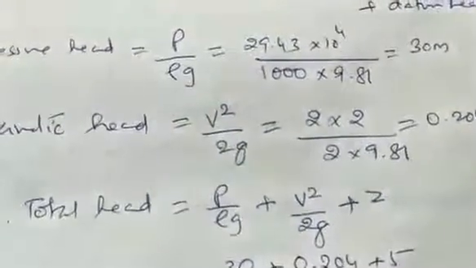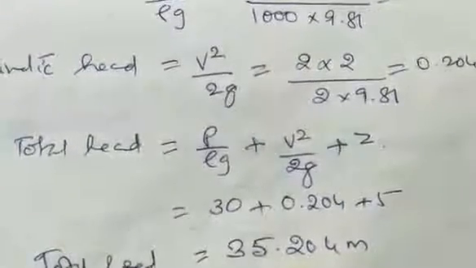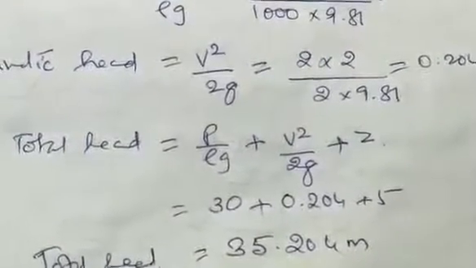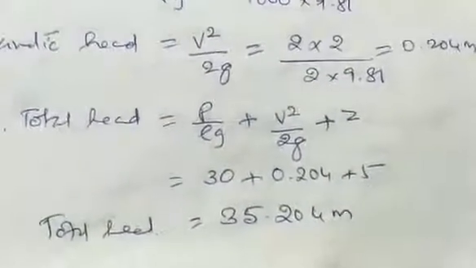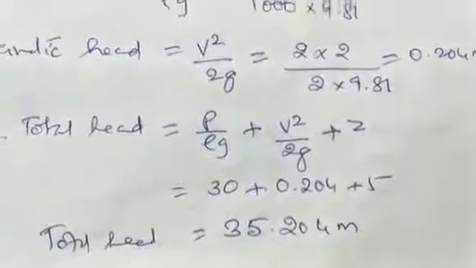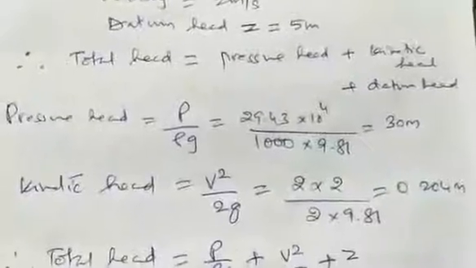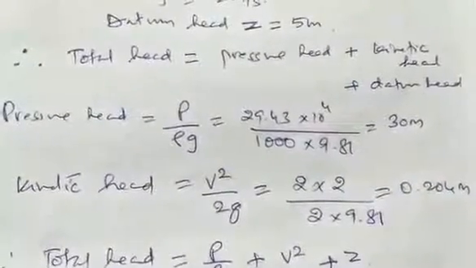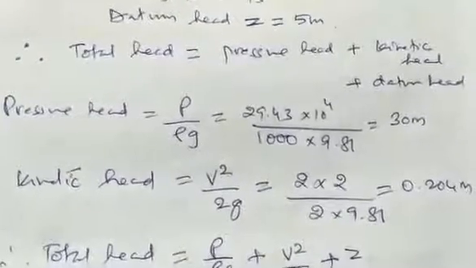The distance from the datum is already given as 5 meter. So we need to add the pressure head, the kinetic head and the datum head in order to get the total energy or the total head. From this calculation you will get the total head as 35.204 meter. So this is one example of Bernoulli's equation where you are calculating the total head based on parameters such as pressure head, kinetic head and the datum head.